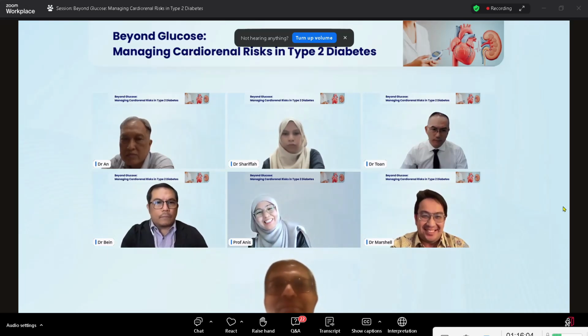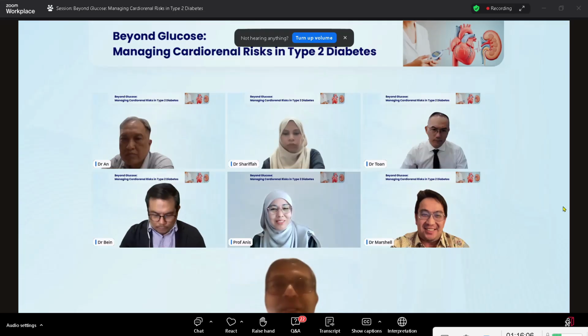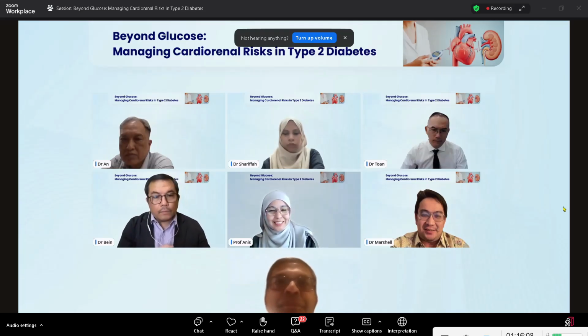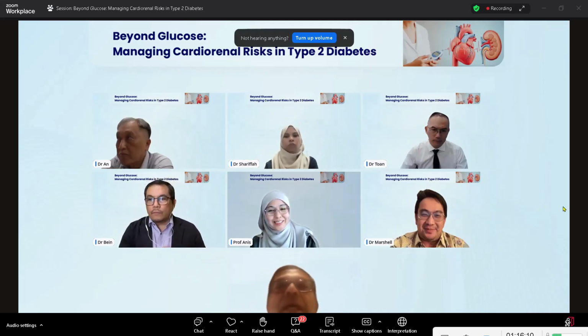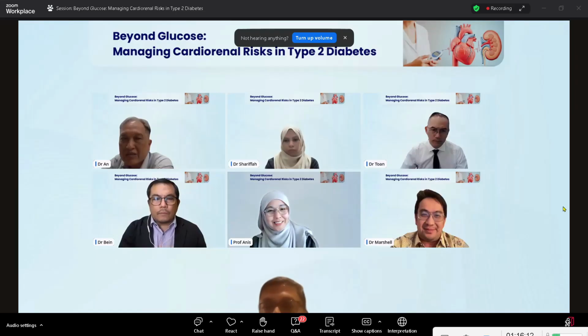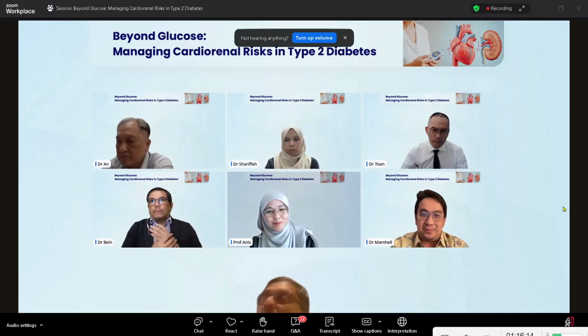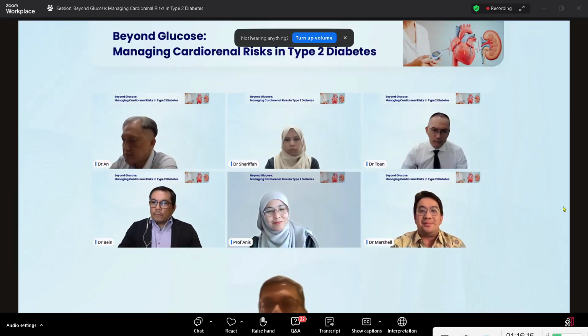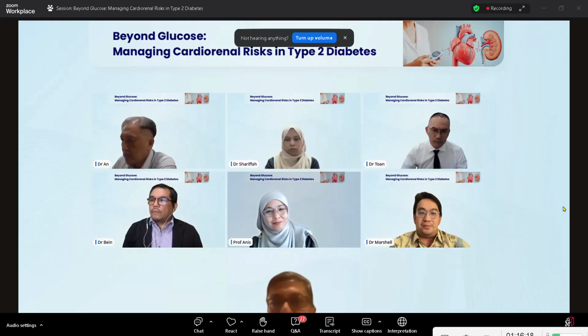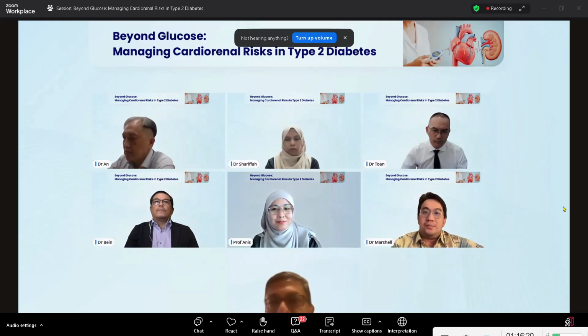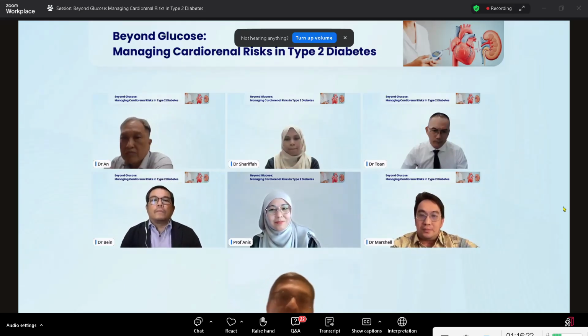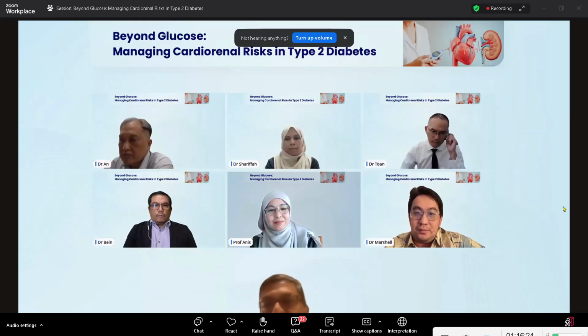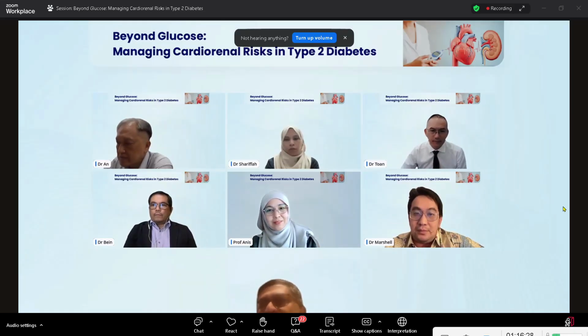But we have an organization called the Lipid Association of India. About 2 years back, they came up with risk factors and markers. The major ASCVD risk factors are age above 45 for males and 55 for women.